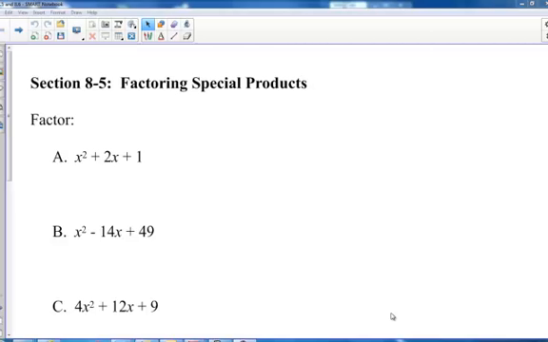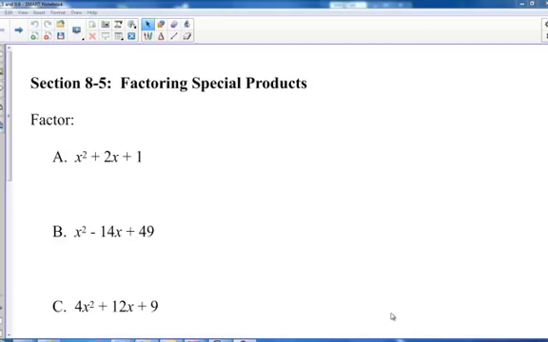Now, if you FOIL that out, you're going to notice that you get 4x squared plus 6x plus 6x plus 9.